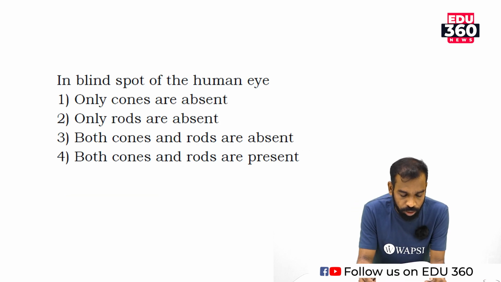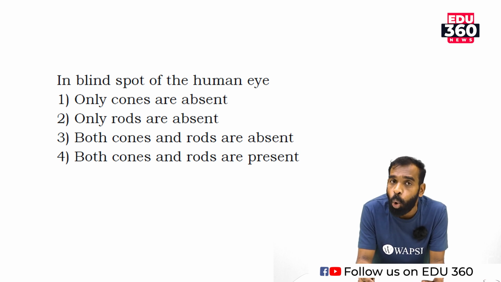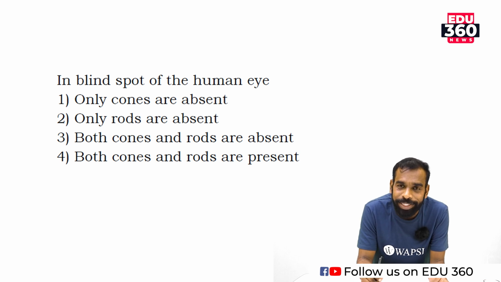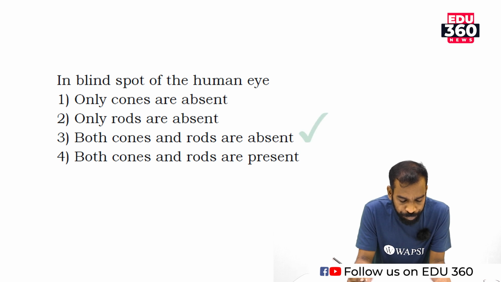In the blind spot of the human eye, rod and cone cells are absent. The blind spot is the particular region of the retina in which rod cells and cone cells are absent. So the answer is both cone and rod are absent.